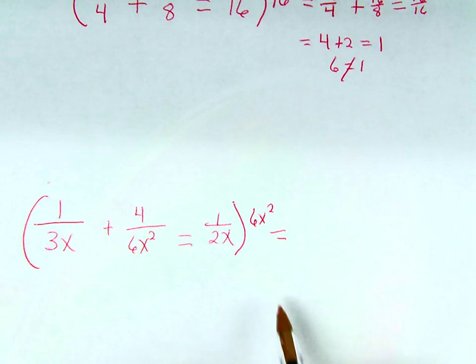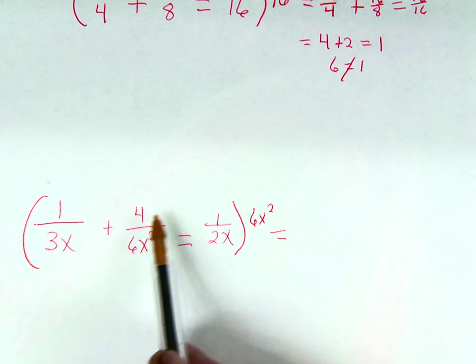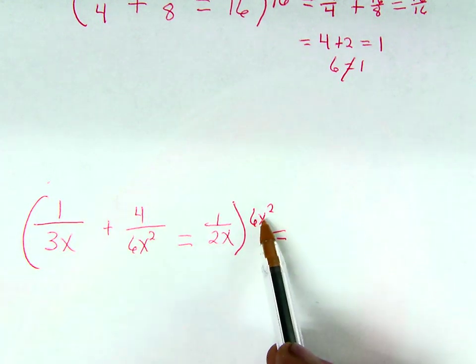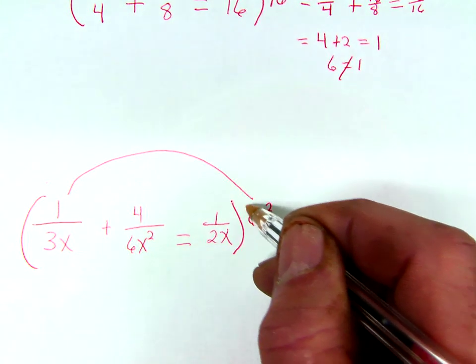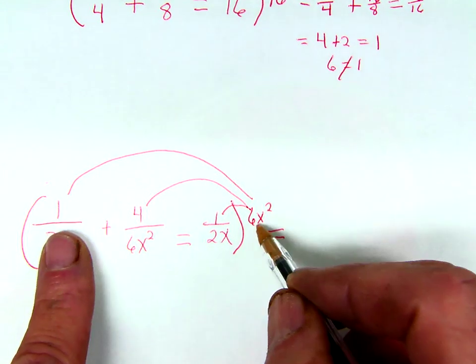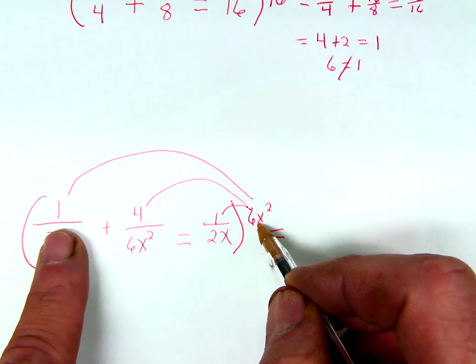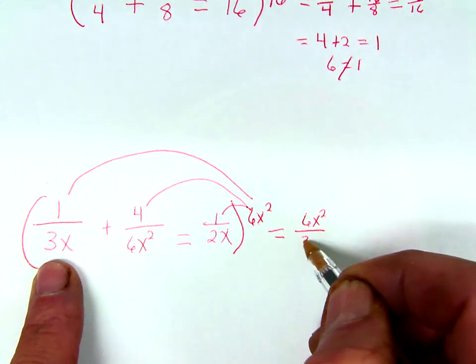When you're multiplying a fraction by a whole number or not a fraction, it's just the tops that get multiplied to this. Again, it's the distributive property. And here we go. 6x squared times this is 6x squared over 3x.